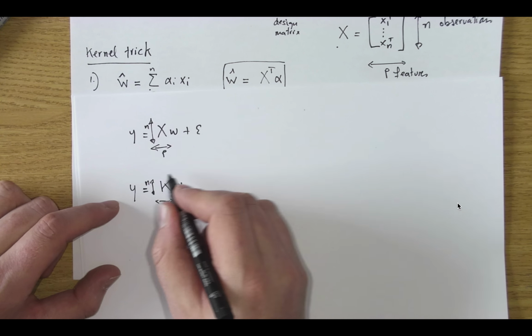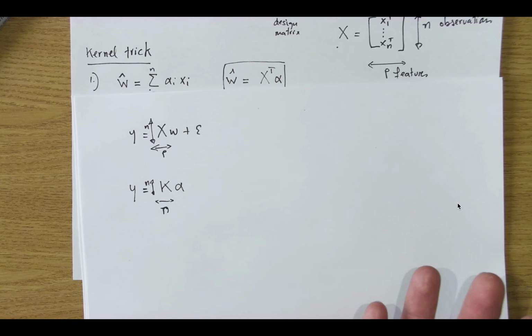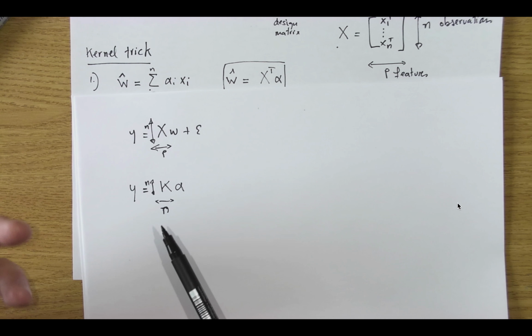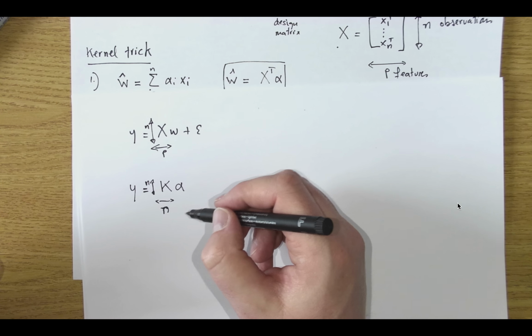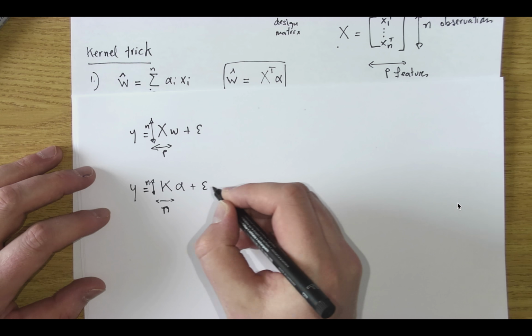This problem is of the size of the number of observations, and there is no relationship anymore to the number of features. You could have 1,000,000 features or one feature, and this will still remain the same dimension, and the complexity of the problem is still the same.